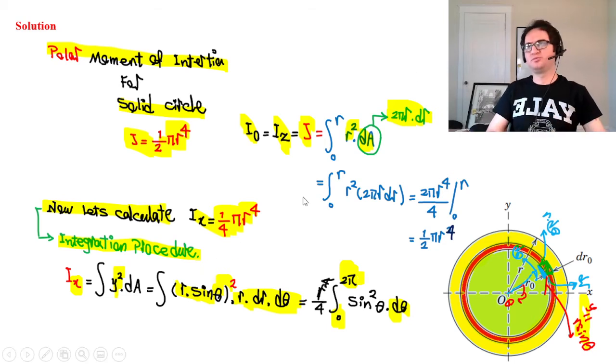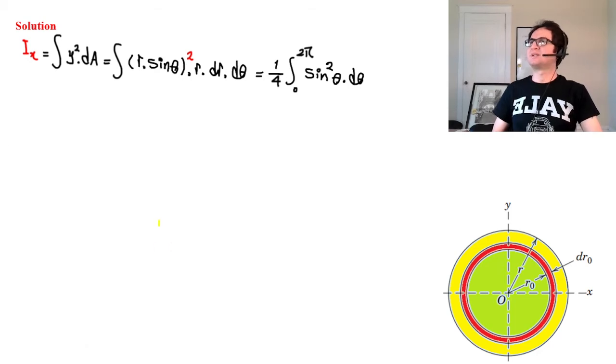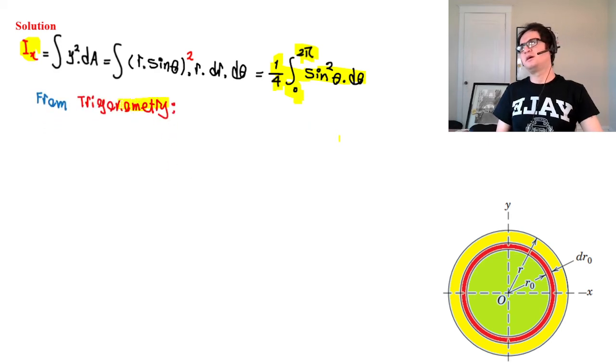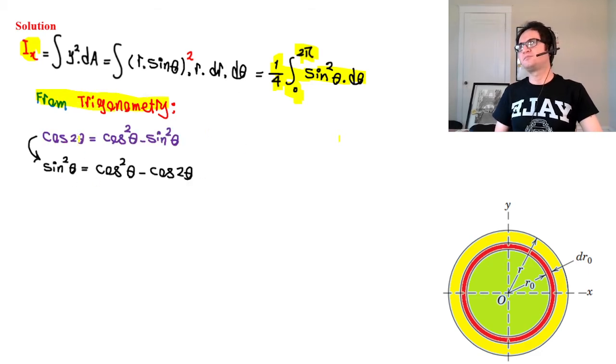Let's work through getting that integration done. So again, Ix is equal to this integration from 0 to 2 pi. From trigonometry, we can recall that cosine of 2 theta is cosine squared theta minus sine squared theta.